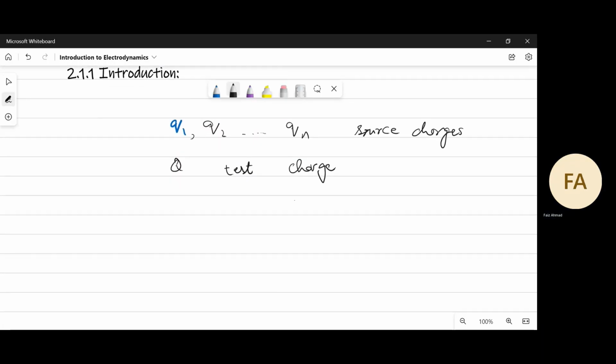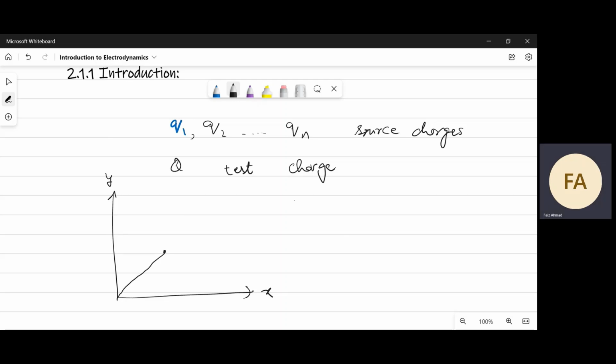Say this is the XY plane, or any plane. We have charge Q1 here, where we are given the position vector R1, and so on. We have Q2, and we are given R2, and somewhere we have the test charge.